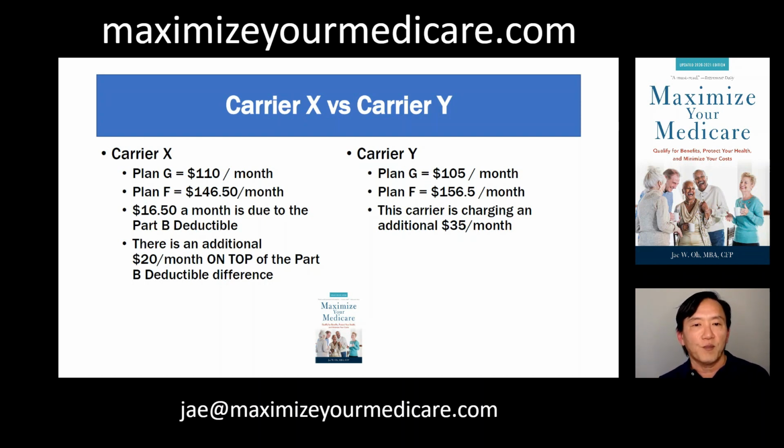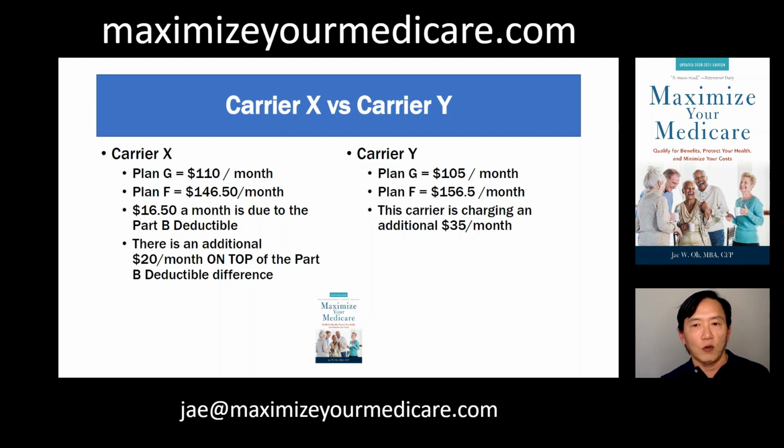So you can see carrier X charges $110 for Plan G and $146.50 for Plan F. Now we can know, as I said from the last slide, $16.50 is due to the Part B deductible, which means there's an additional amount, right, of $20 a month on top of the Part B deductible. Do you see it? 110 plus 16.50 is 126.50. But the actual sticker differences are 146.5 to 126.5, which is $20.